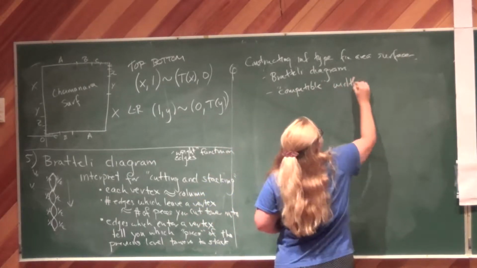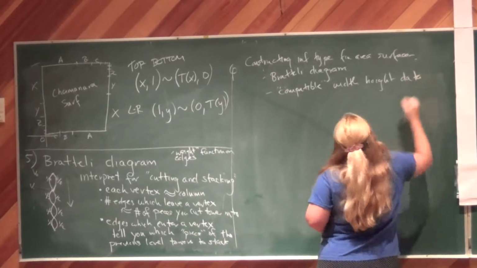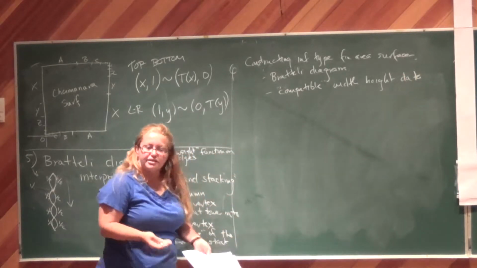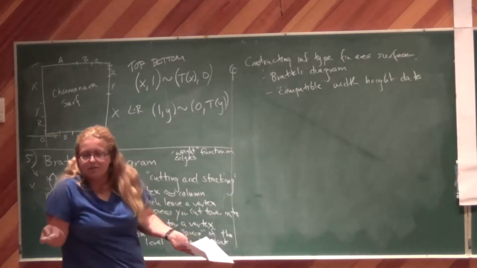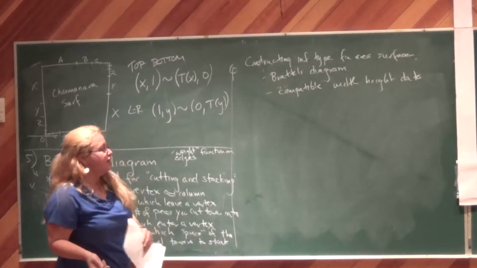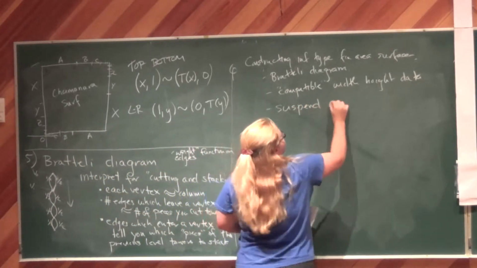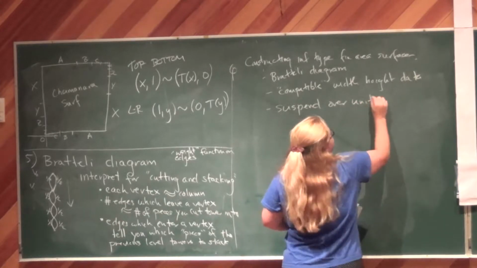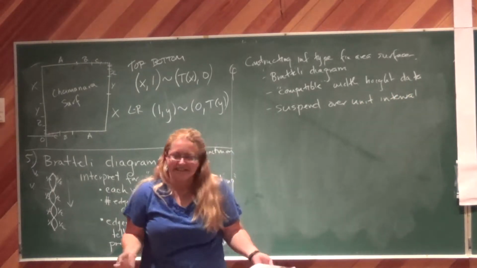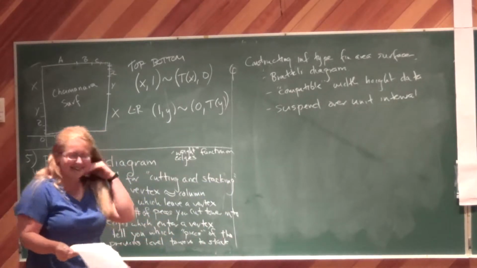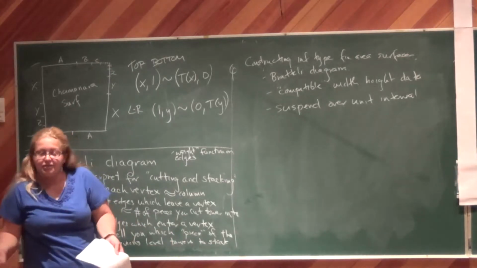We then use this as instructions for cutting and stacking, and then we take that transformation and construct a suspension over the unit interval. And voila, we have this nice description of a large class of infinite type surfaces.